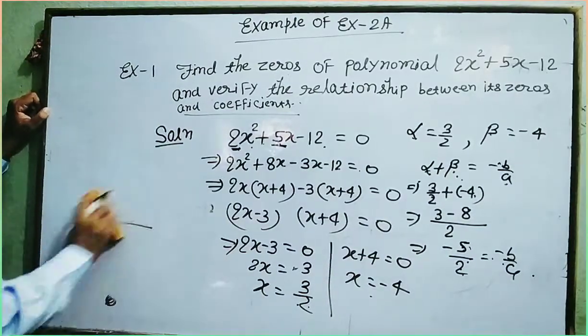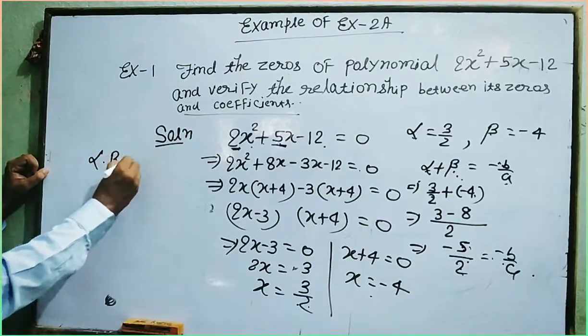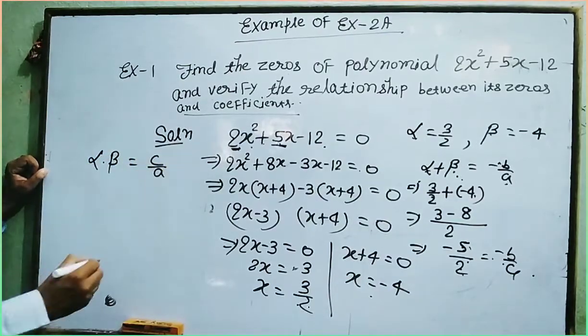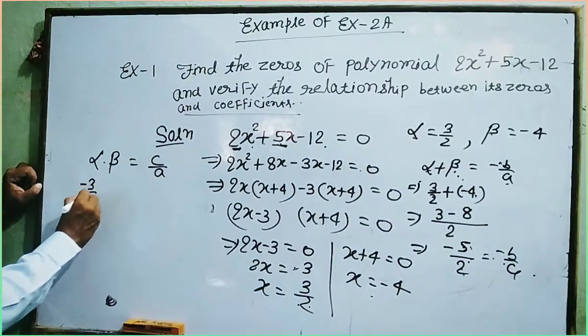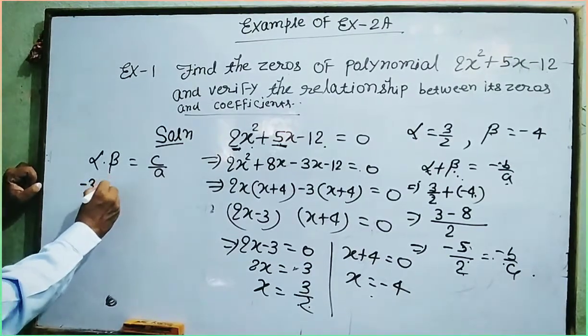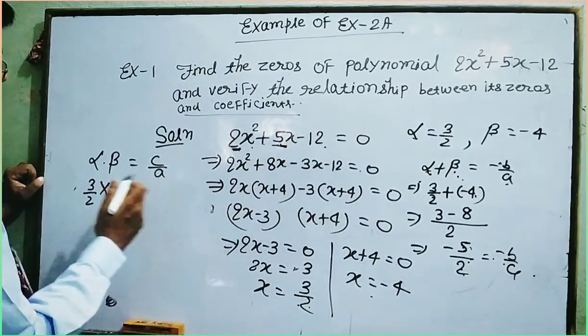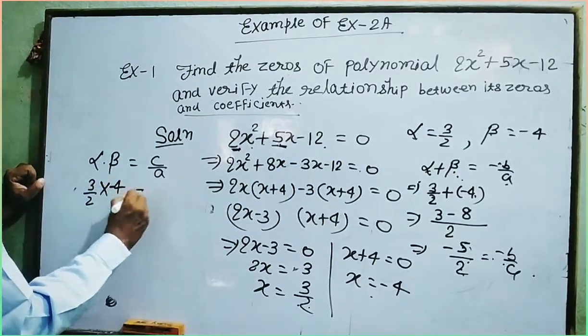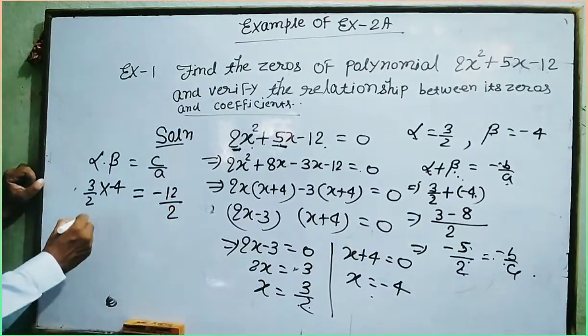Similarly, the other relation is alpha into beta is equal to c by a. What is alpha? Alpha is 3 by 2, into beta, which is minus 4, is equal to c by a, minus 12 by 2.